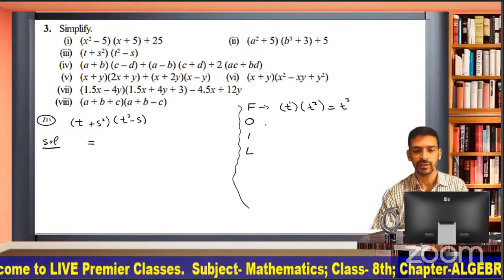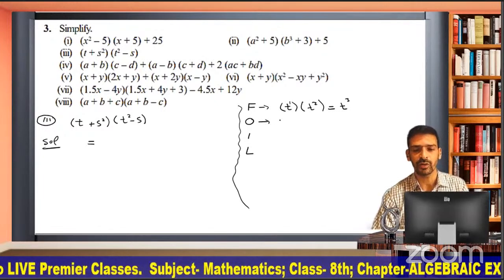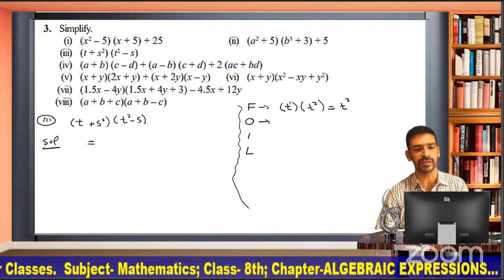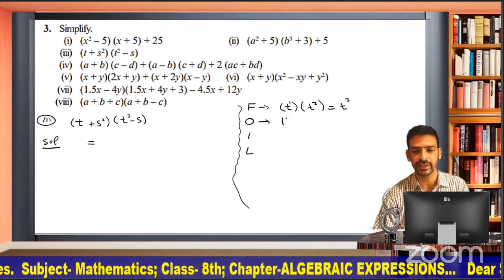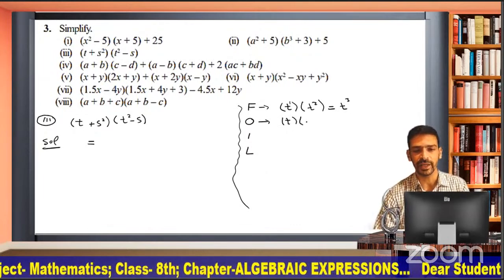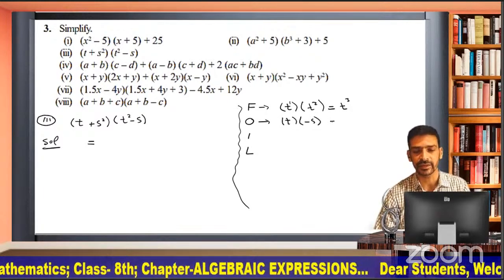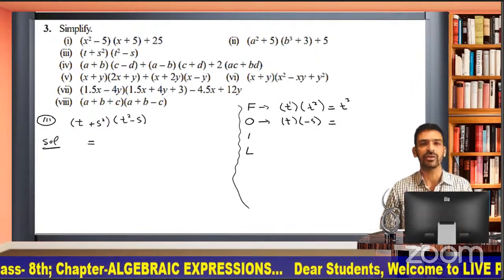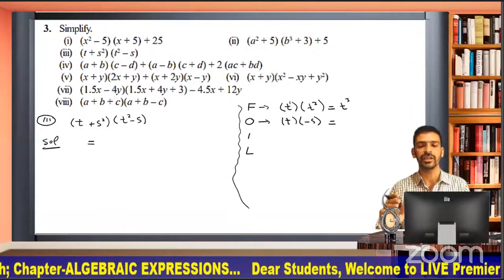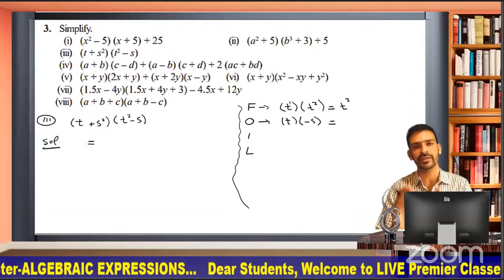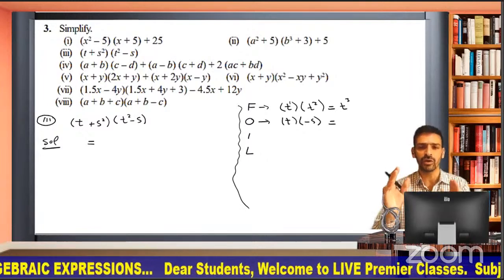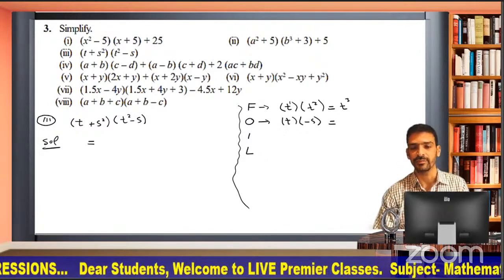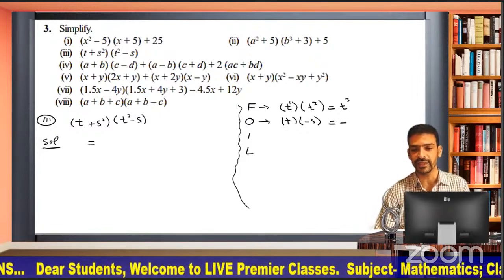Let us see outer terms. ठीक है, outer terms. So ये बाहर की तरफ है, ये बाहर की तरफ, t multiplied by minus s. T is one quantity, s is different quantity. T multiplied by s is ts. ठीक, आपको दो क्वांटिटीज को साथ में रखना, ts. बट यहाँ आप ख्याल रखिए, this is plus, this is minus, the result will be minus.